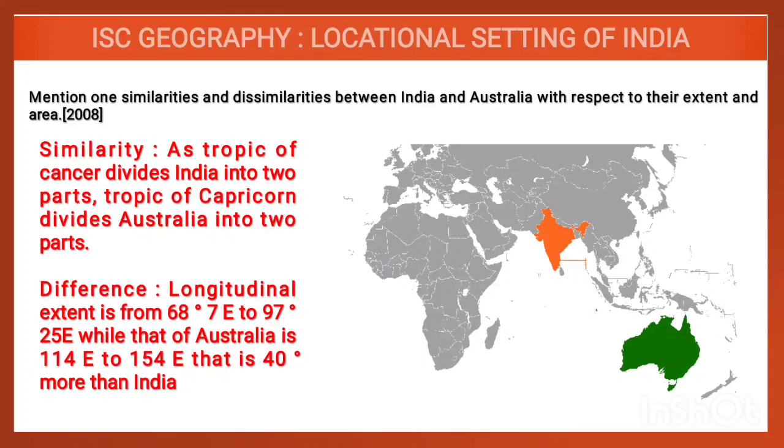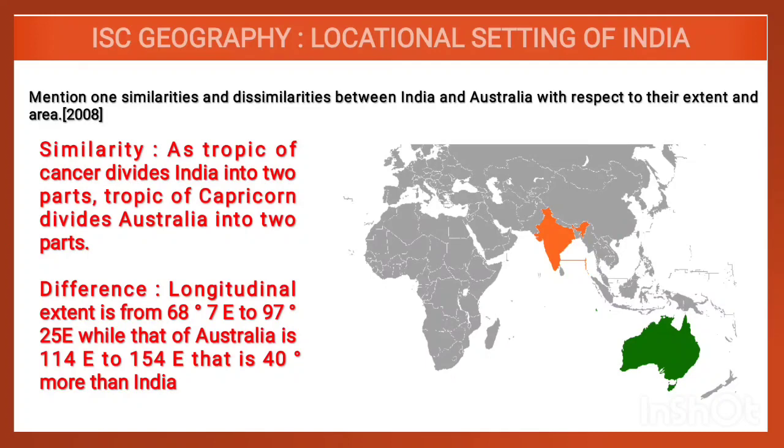Next, mention one similarity and dissimilarity between India and Australia with respect to their extension, meaning your latitude, longitude and the area. Okay. Australia is a continent which lies completely in the southern hemisphere, and India is located completely in the northern hemisphere.